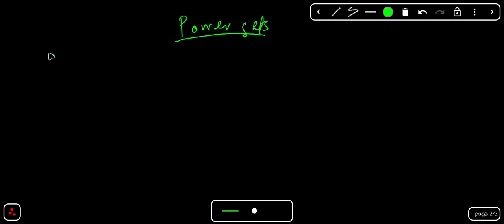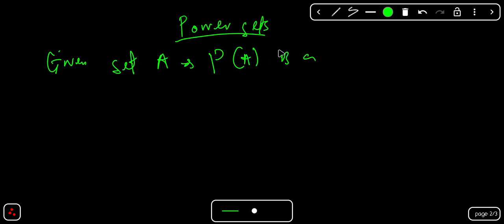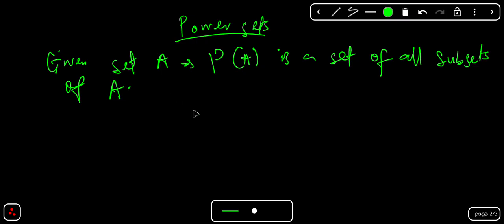Given set A, the power set of A, which is written in this form, is a set of all subsets of A. That is the set that consists of all the subsets of A. That is what we call a power set.